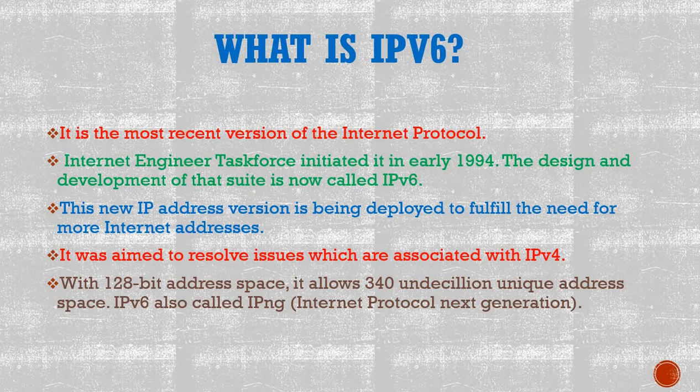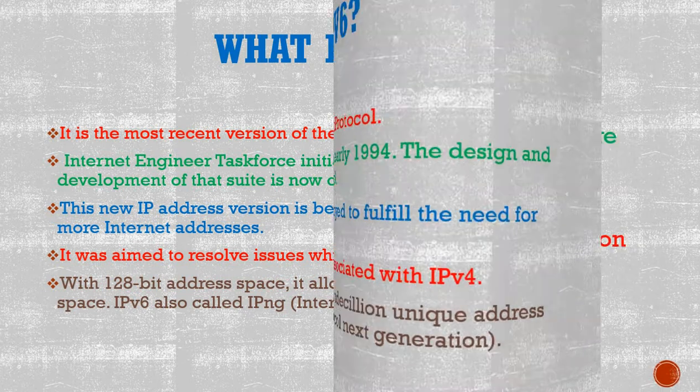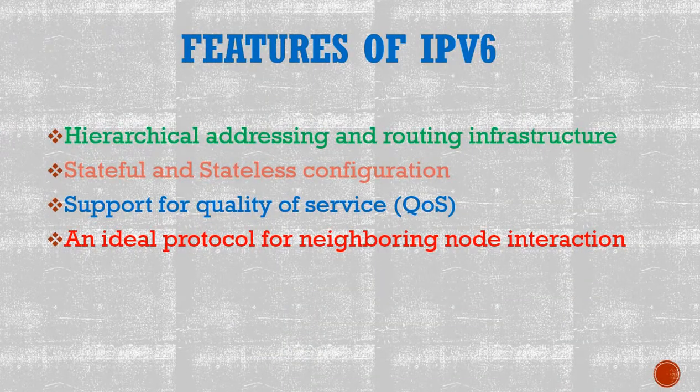This version is being deployed to fulfill the need for more internet addresses. So the basic aim of IPv6 is to resolve the issues associated with IPv4. And over here 128 bits get used.